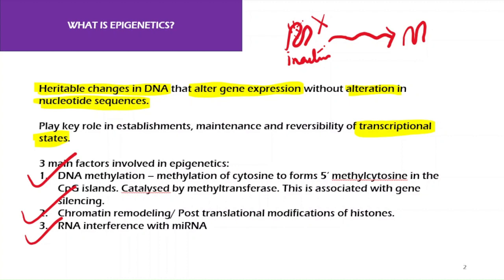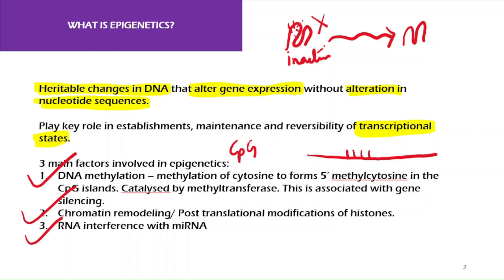So the first one is DNA methylation. So what do I mean by DNA methylation? Along the promoter regions of your transcriptional unit, along your gene, there will be CG islands, right? Our books give us CpG, right? What is CpG?